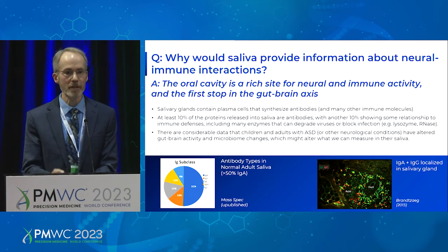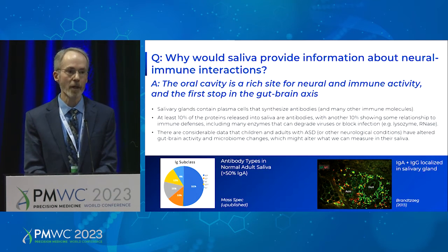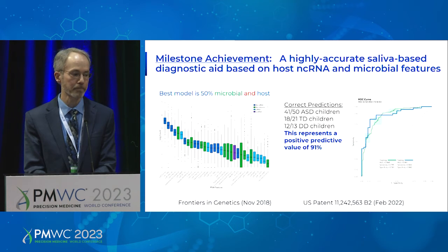So by studying saliva, we have the opportunity to measure not only brain-related molecules that appear there, but also molecules very much involved in immune response in the gut-brain axis.